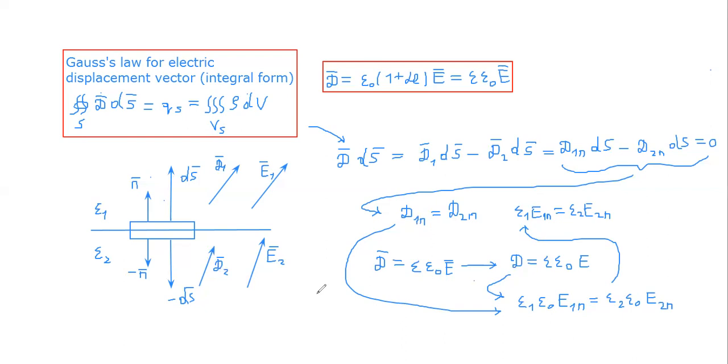We don't have any free charges, and if we don't have any free charges, they cannot make any effect on the tangential part of electric field intensity. So because of this, we have that E1 tangential is equal to E2 tangential.